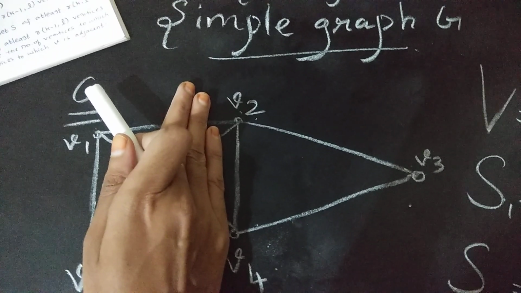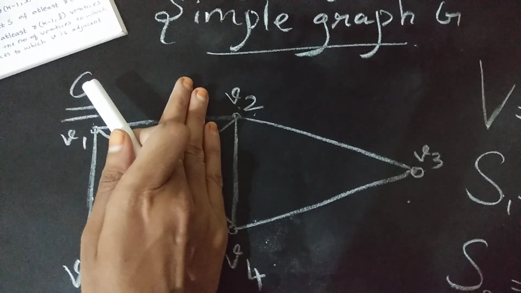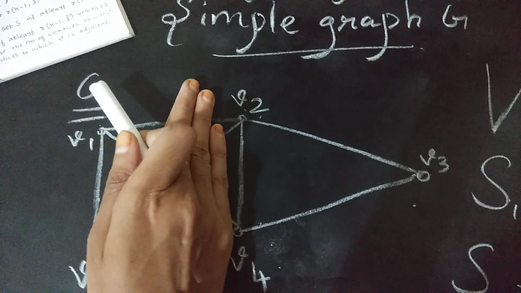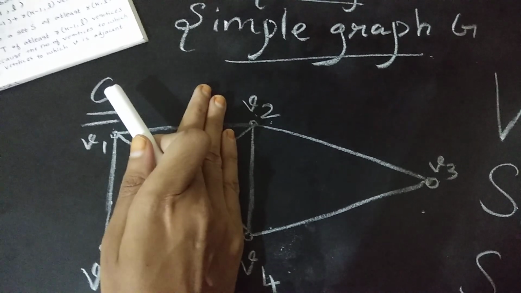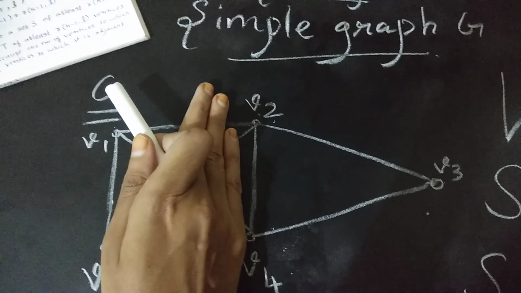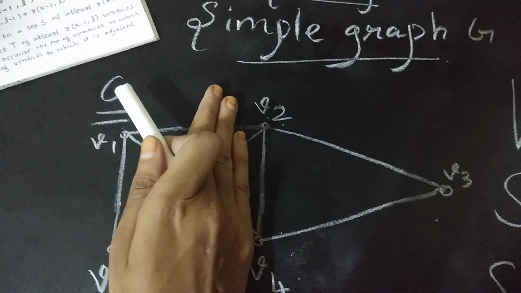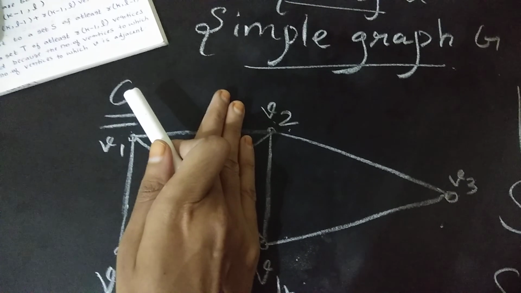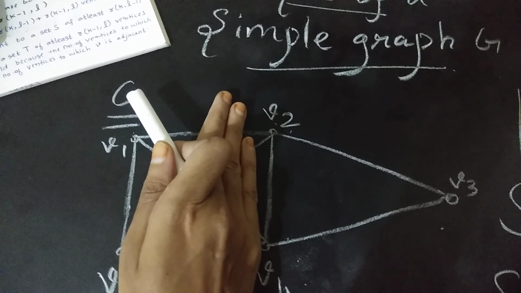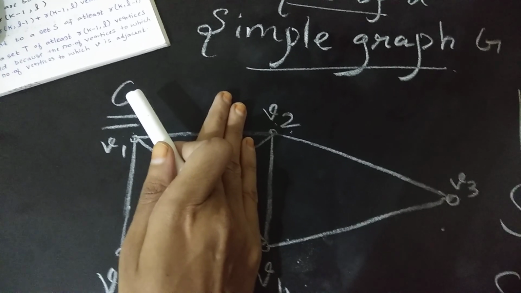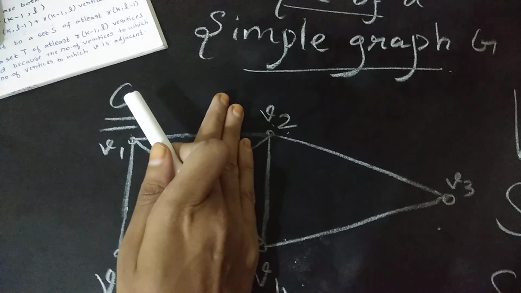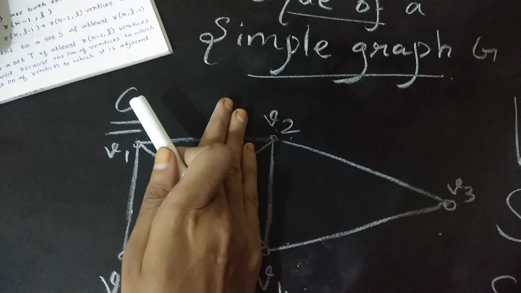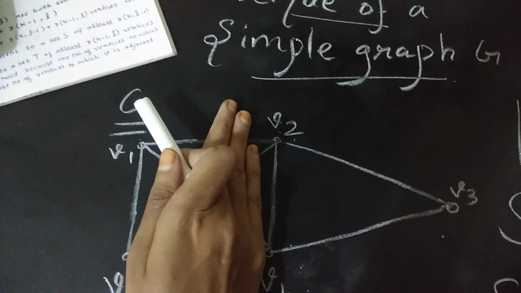The graph of S1 is a complete graph. What is meant by a complete graph? Complete graph means every pair of vertices will be connected by an edge.